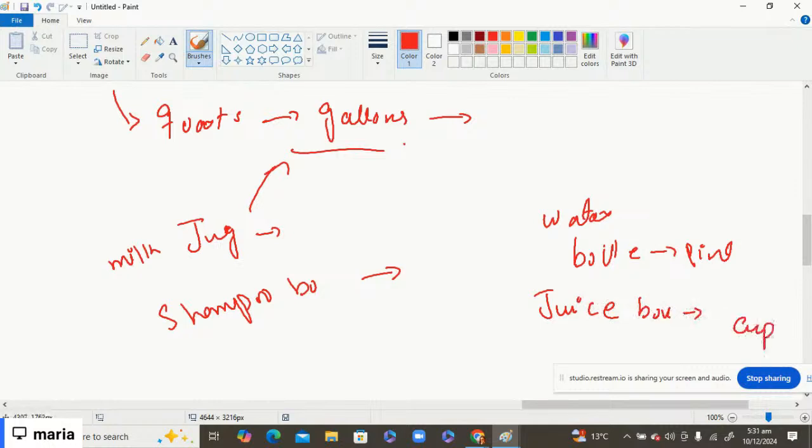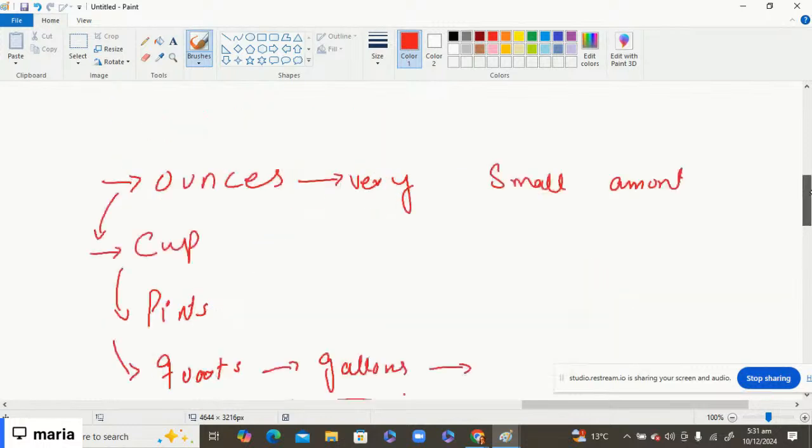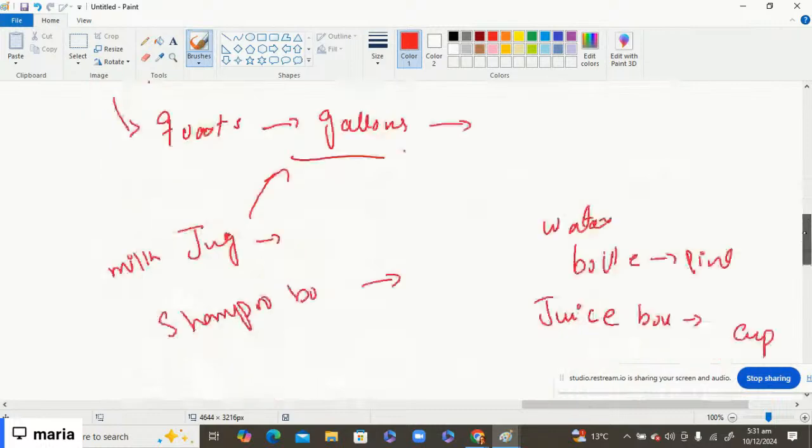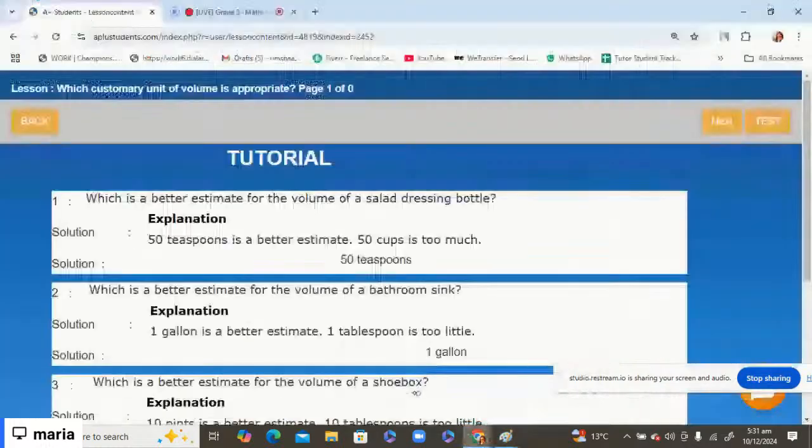Understand this? This is what we have done. All right, these are all the units. Hope you understand which one is bigger and which one is smaller. I already wrote it down and gave some examples. Now let's move to the questions.